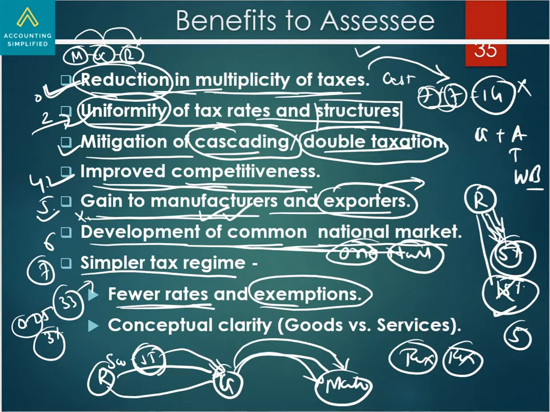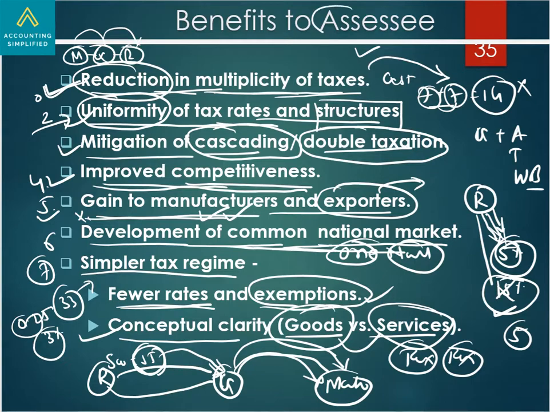So nil rated, and there are goods which are exempt, and there is conceptual clarity between goods and services, which was not there earlier. Now it is goods or services or both, so conceptually it is clear. It means that SSC can understand what is meant by goods and what is meant by services. I hope that you learned this benefit to the SSC.